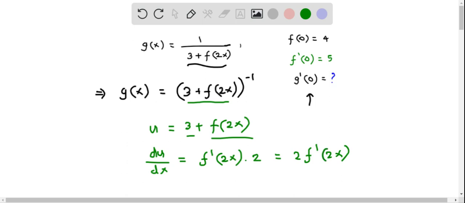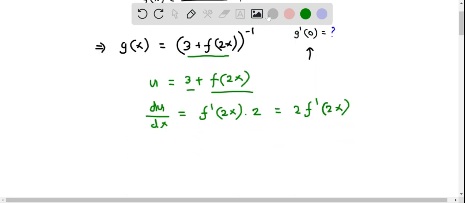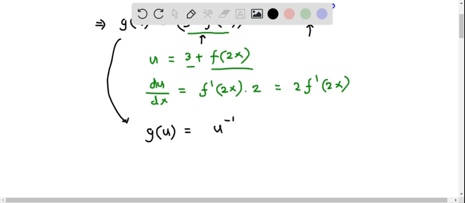This is the derivative of u. Now we can rewrite g of x by replacing the expression 3 plus f of 2x as u. Therefore, this will become g of u, and this equals u to the power of minus 1.